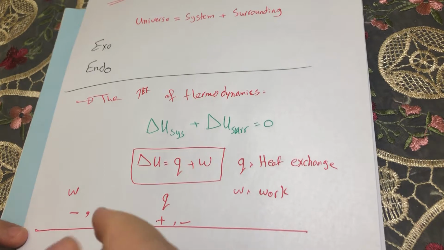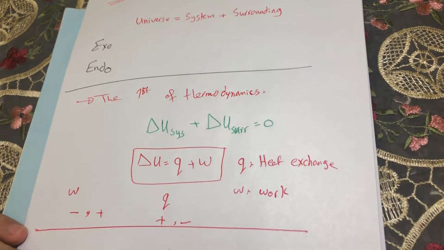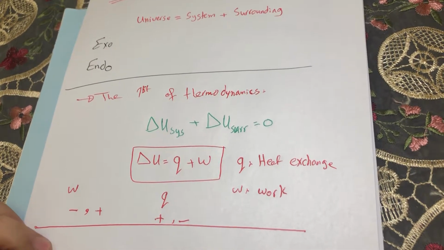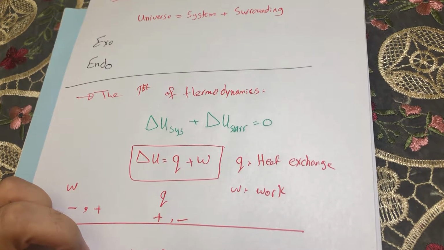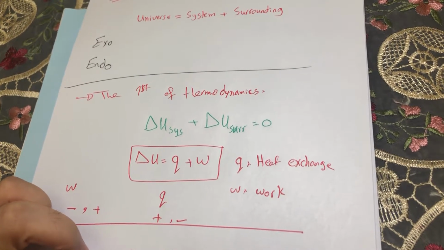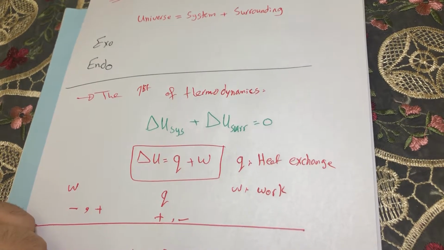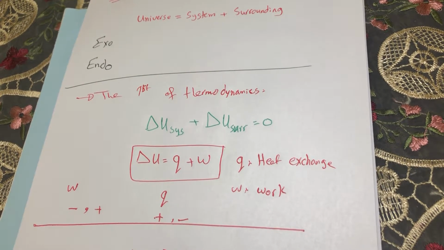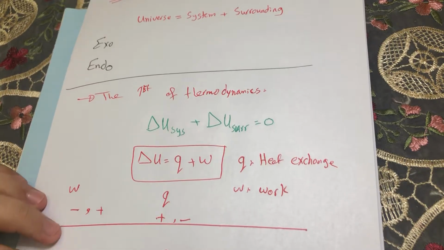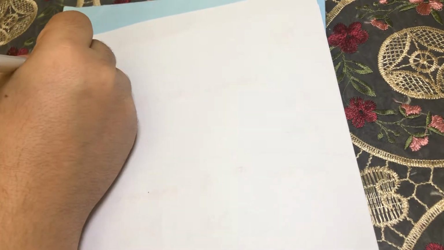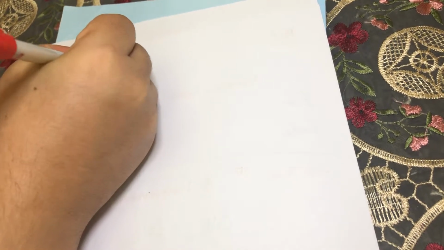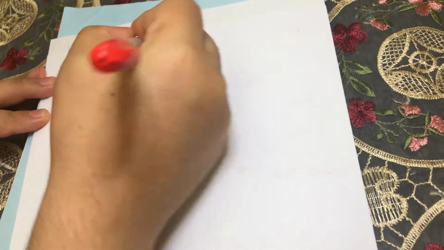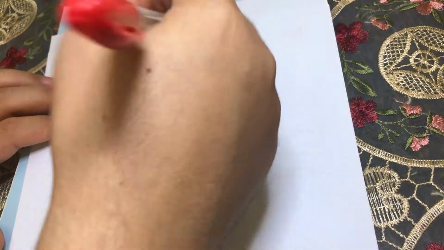We know the work is equal to minus P delta V, where delta V is the change in volume, that means V final minus V initial, and P is pressure. Note, please, for gas expansion, the work is done by the system.